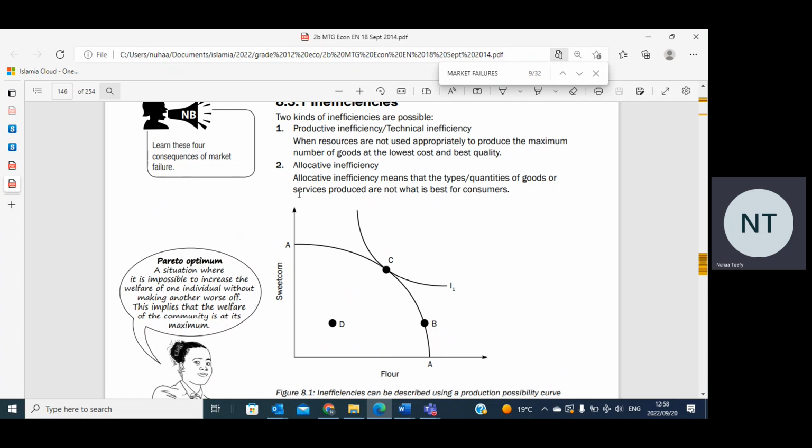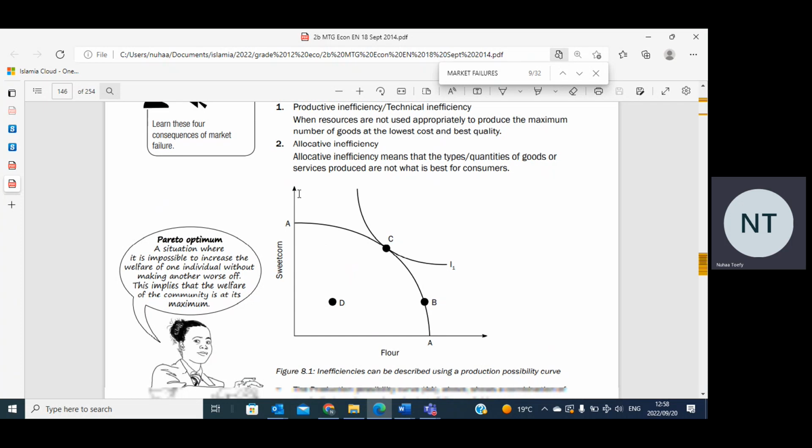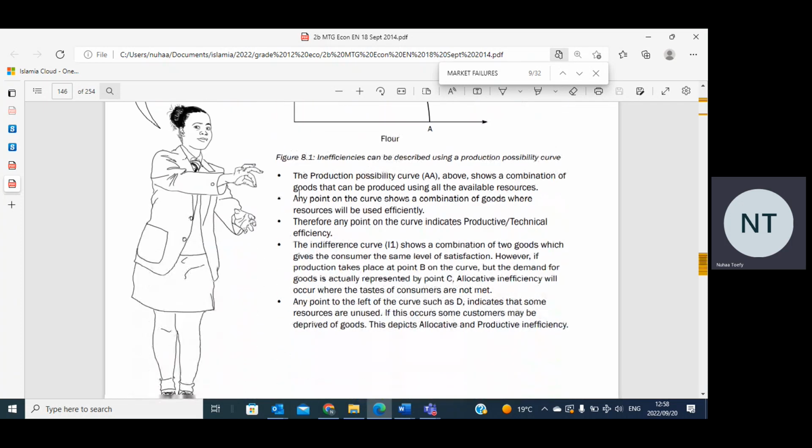And I bring 20 red and 5 yellow. I was not allocatively efficient because I needed to bring the correct amount of yellow to red sweaters for the boys and the girls in the class. That's a very simple explanation, but basically you need to have the correct quantities and types of goods and services that the public demands.